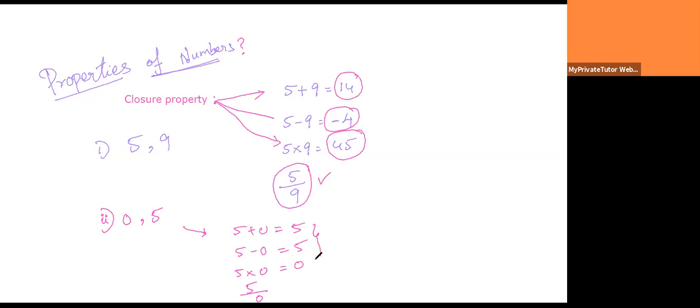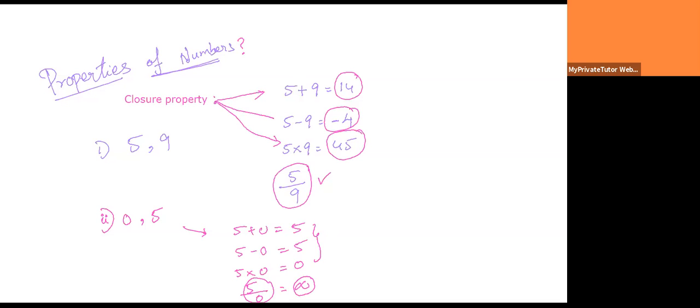In the first three, addition, subtraction and multiplication, we got integers. 5 is an integer, 0 is also an integer. But in the last case, 5 by 0 is nothing but infinity, so it is not an integer. So the closure property won't work for division.